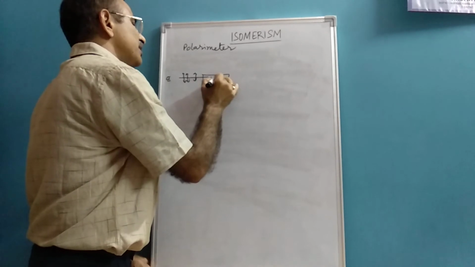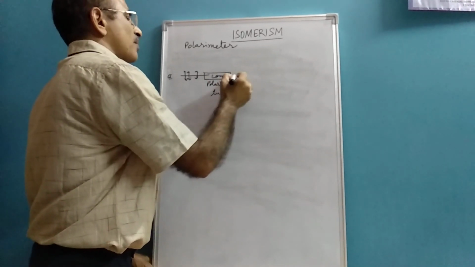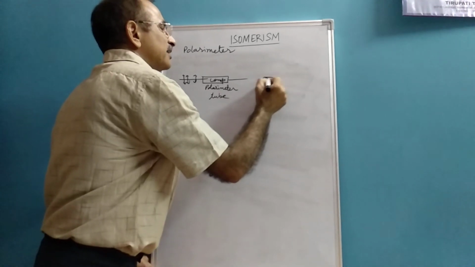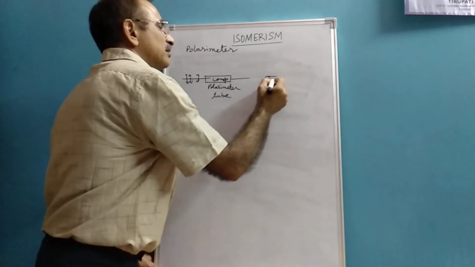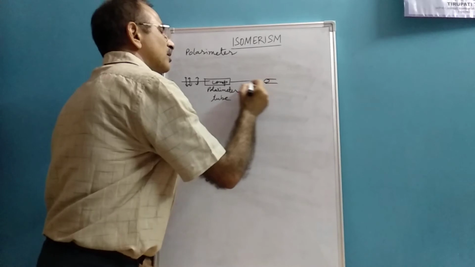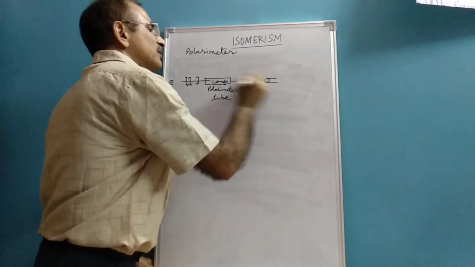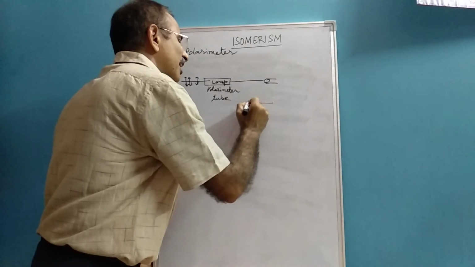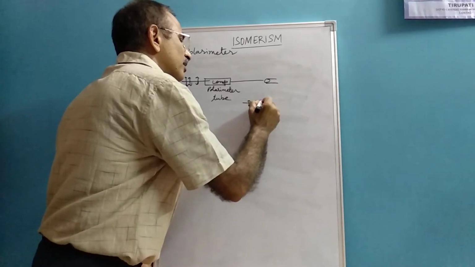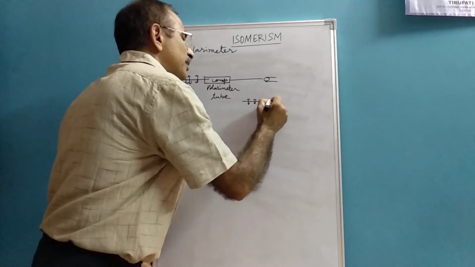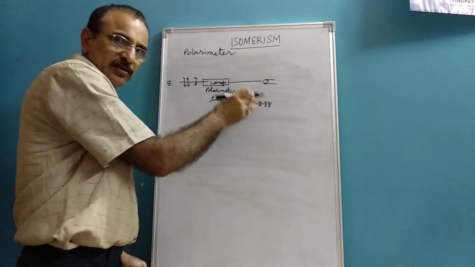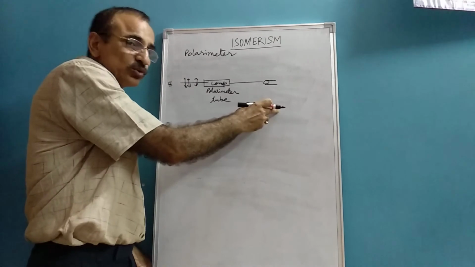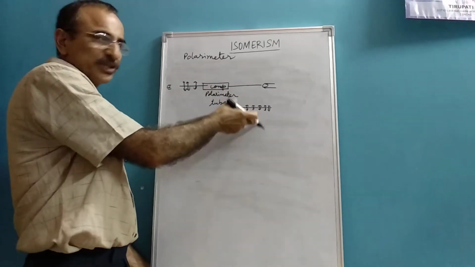In which compound is kept, and here an eyepiece is there in which observation is carried out. In that case, only 3 cases arise. Either this plane polarized light comes directly and it has no change in rotation.